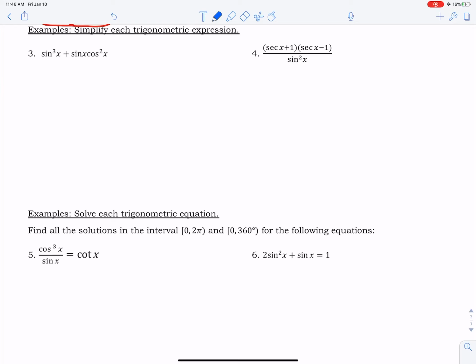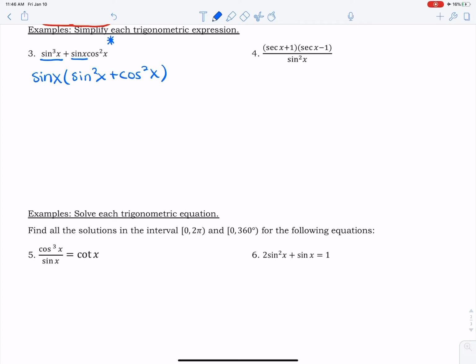All right. So we want to look at this, and we see that we have a sine to the third, and we have a sine x, and then a cosine squared x. We want to factor. Take out the GCF, and that's just sine x. And we have sine squared x plus cosine squared x. The goal is always to see what you can do to get an identity.